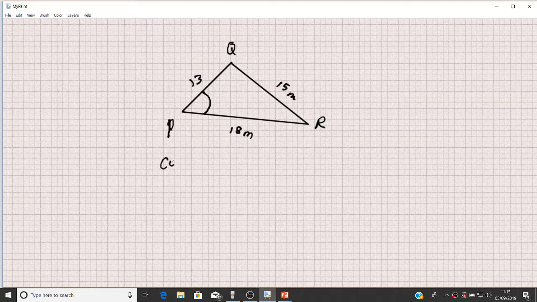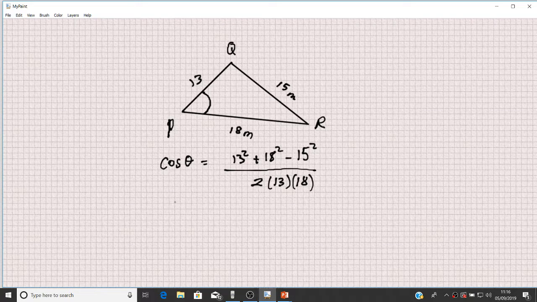So we'll just say cosine theta equals, so it's the surrounding angles, so we've 13 squared plus 18 squared minus 15 squared, all divided by 2 times 13 times 18.